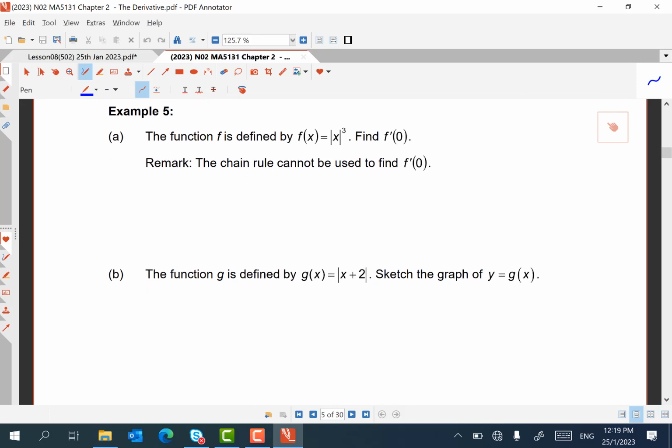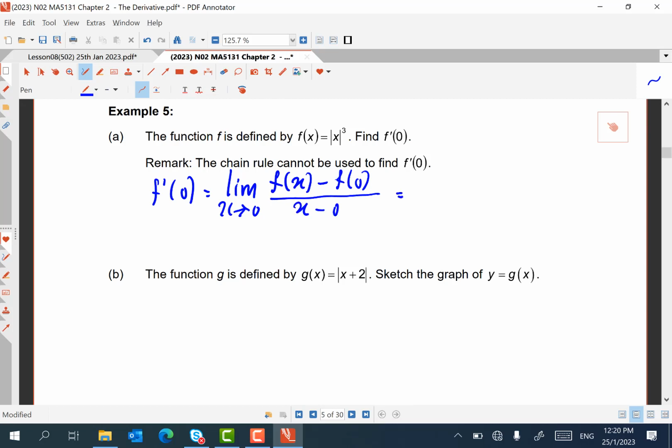So let me rewrite this again: f prime of 0 is equal to the limit as x goes to 0 of f of x minus f of 0 over x minus 0, and this gives you the limit... Now I take the suggestion given to me.